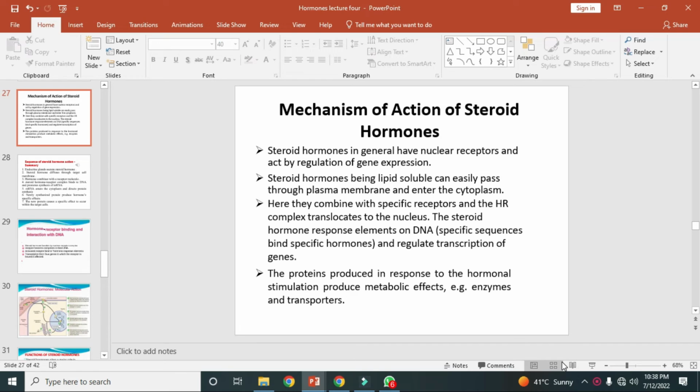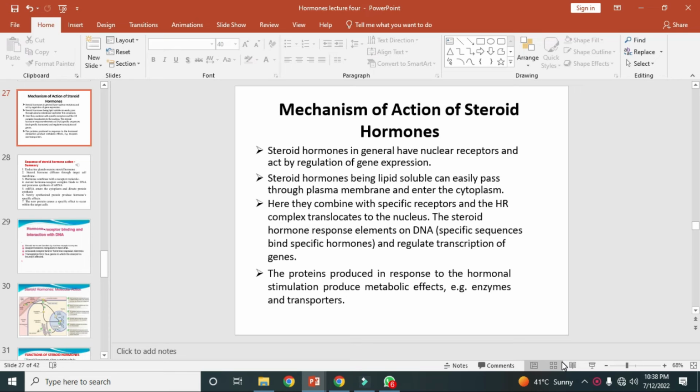The new protein or enzyme which is produced causes a specific effect to occur within the target cell. So in this way steroid hormones act on the target cells.